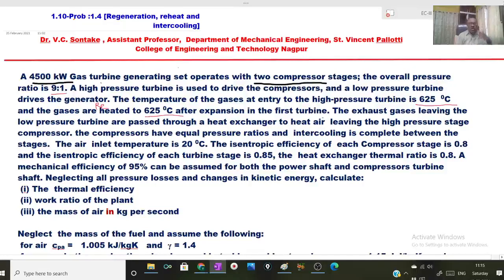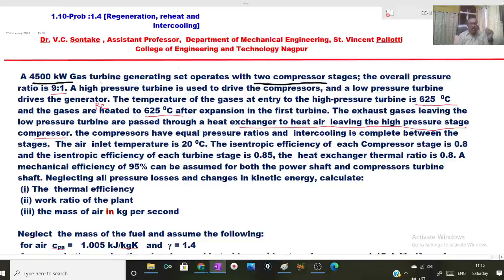So here intercooling is being done as well as reheating. The exhaust gases leaving the low pressure turbine are passed through a heat exchanger to heat air leaving the high pressure stage compressor. That means regeneration is also done.